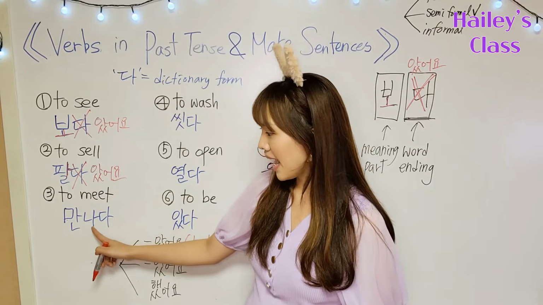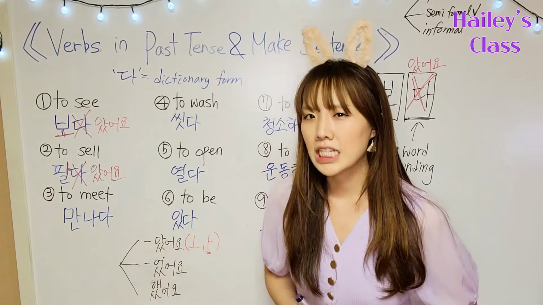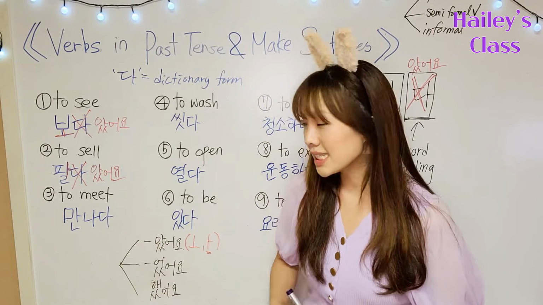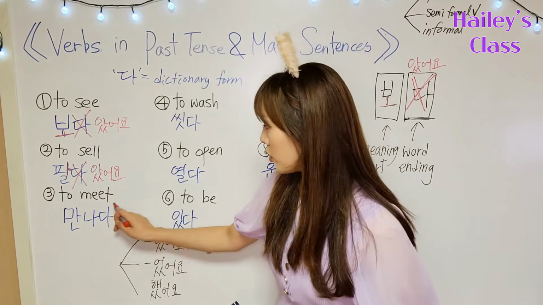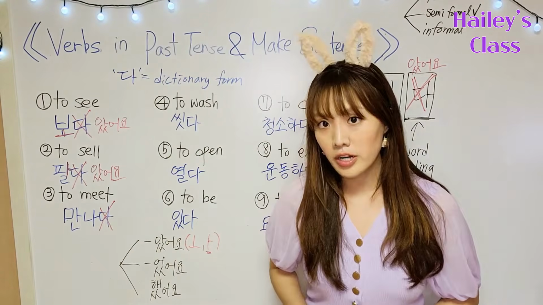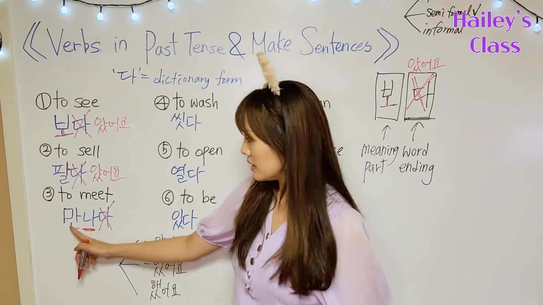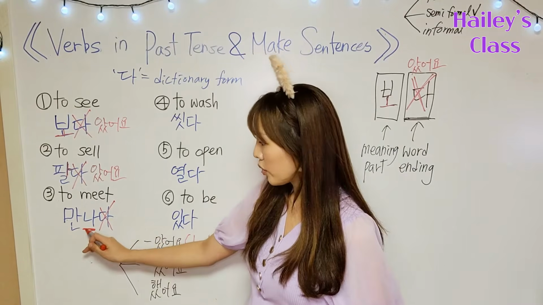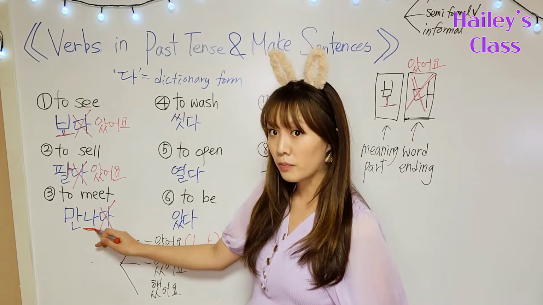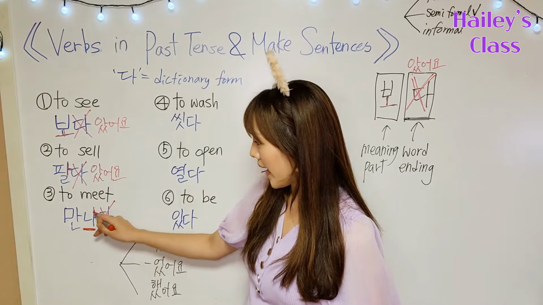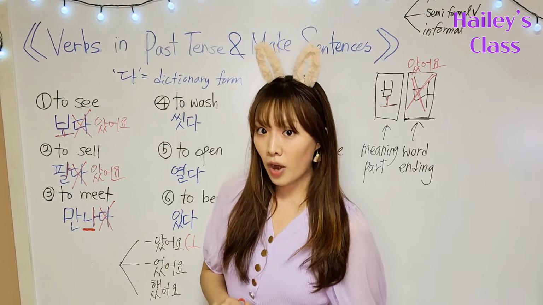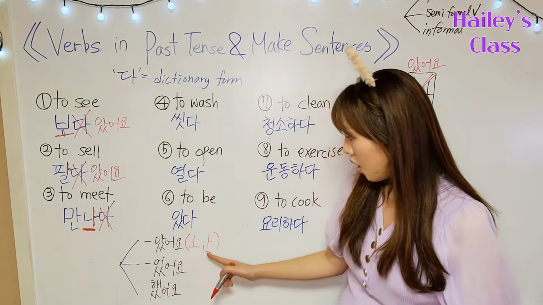And let's look at the third one. This is 만나다. And what is the dictionary form in here? It's 다, right? So we're going to delete the 다 part, and then let's look at the last syllable. The last syllable ends with 아, right?